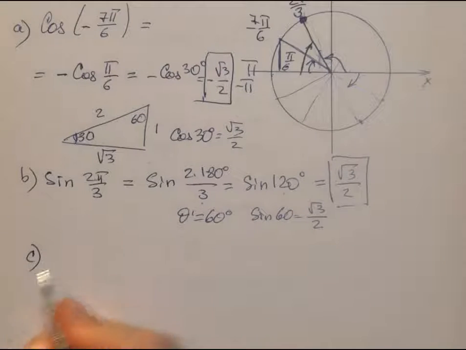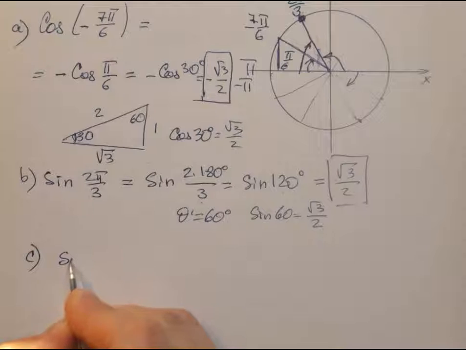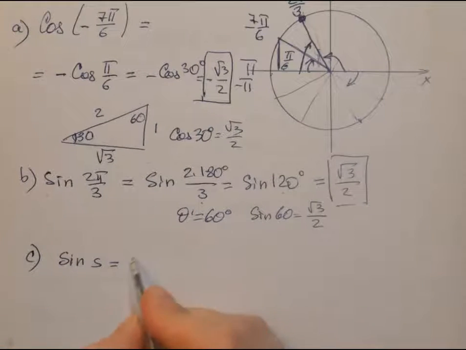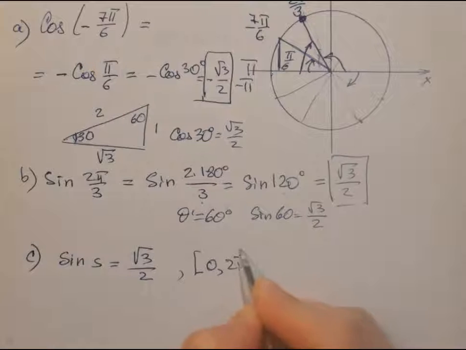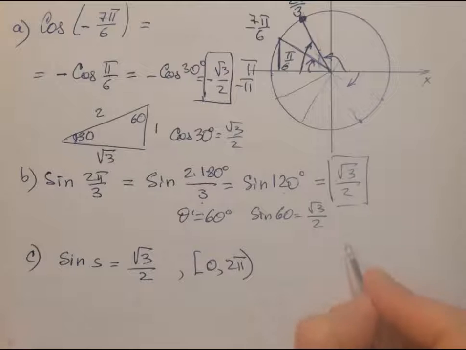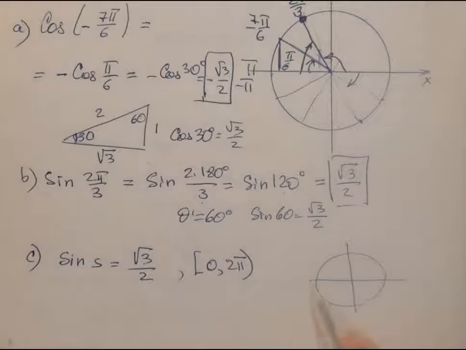Let us find all values of circular function s, if sine of s equals square root of 3 over 2. So let us consider s on the interval from 0 to 2 pi, one rotation. Positive sine can be by the angle in the first and in the second quadrant.